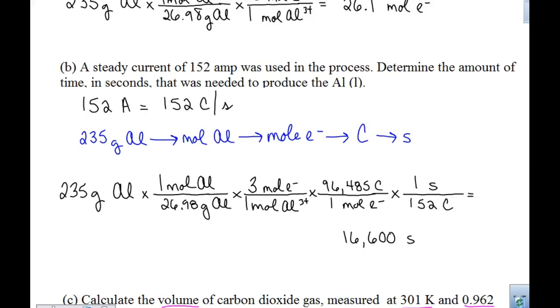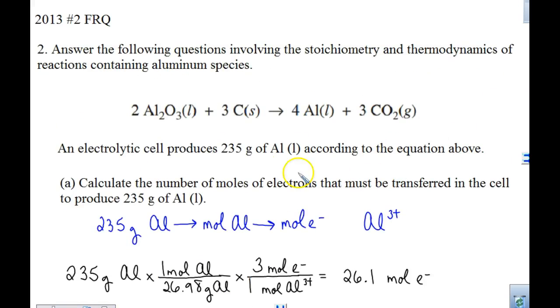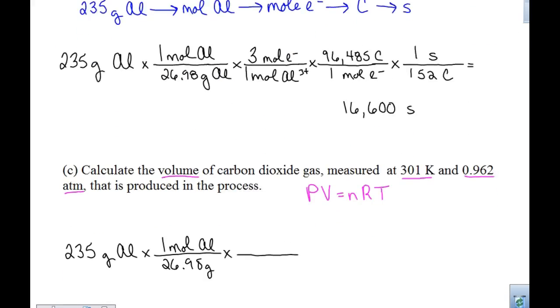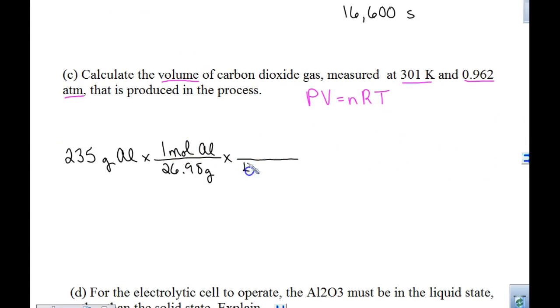So I'm going to scroll back up so we can look at that. So there are 4 moles of aluminum to 3 moles of carbon dioxide. So 4 moles of aluminum on bottom, 3 moles of carbon dioxide on top. Punch that one into your calculator, and I'm going to carry this out a bit because this is an intermediate calculation.